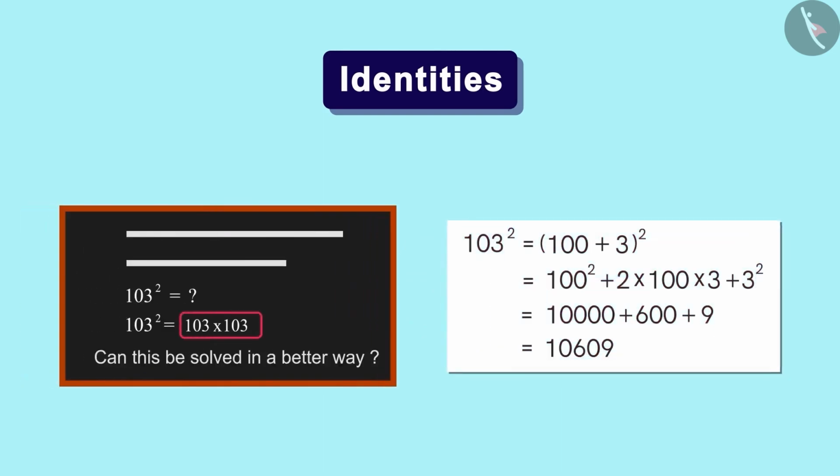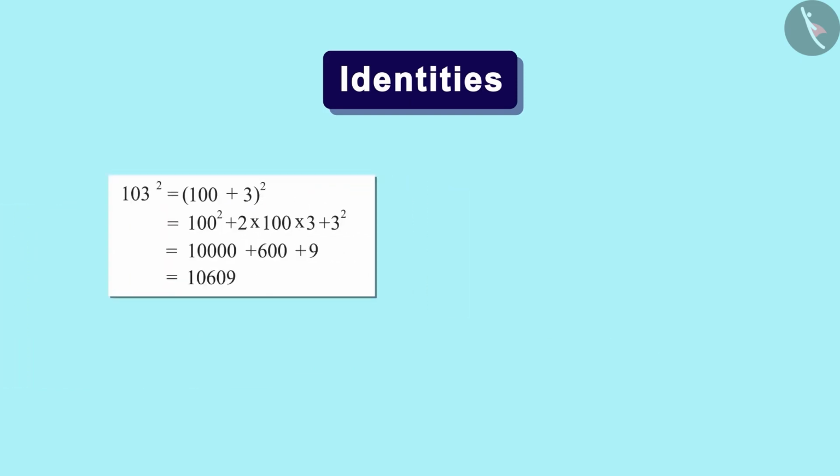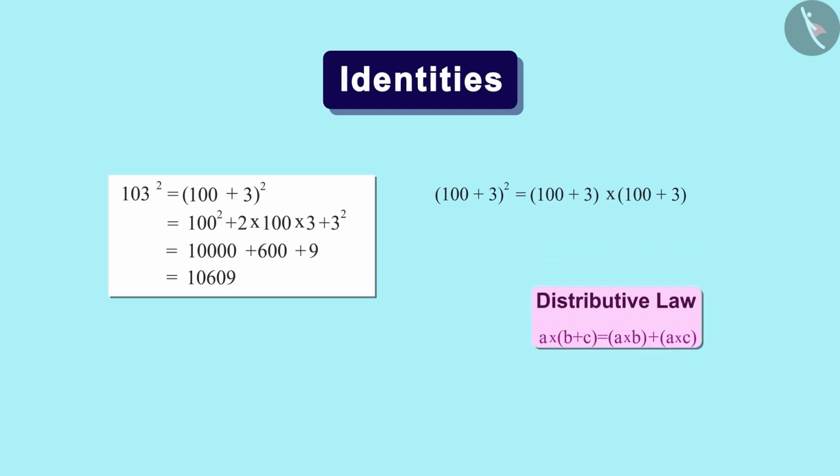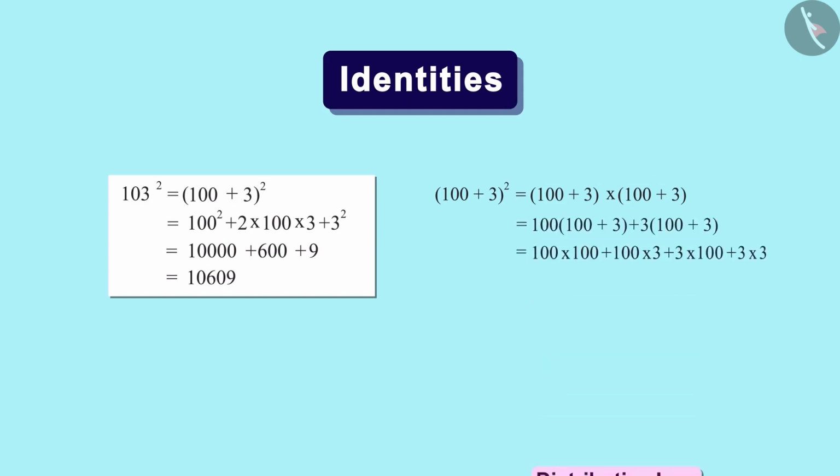Isn't it easier than multiplying 103 by 103? But wait, you must be wondering, where did this come from? Let's find it out. 100 plus 3 square can also be written as this. Let us now simplify the right-hand side by using the distributive property.